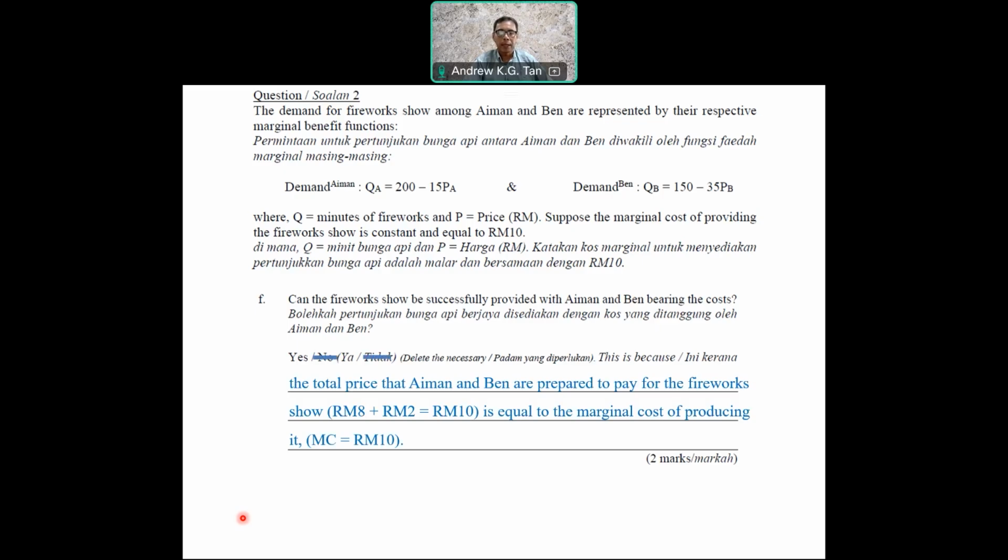Pertunjukan bunga api boleh disediakan dengan kos yang ditanggung oleh kedua-dua Aiman dan Ben. Aiman sudi bayar 8 ringgit, Ben sudi bayar 2 ringgit, and this is equal to the marginal cost of producing it. MC is equals to 10. 2 marks.